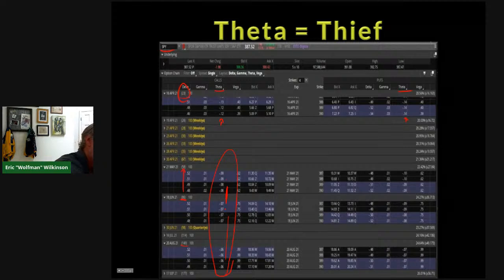But then look what happens in the next 30 days. It increased by about 50% there, right? So when the other one only increased by less than 10%, this one's increased by 50% in those next days. So if I was buying here, that's the kind of theta decay I would be getting.